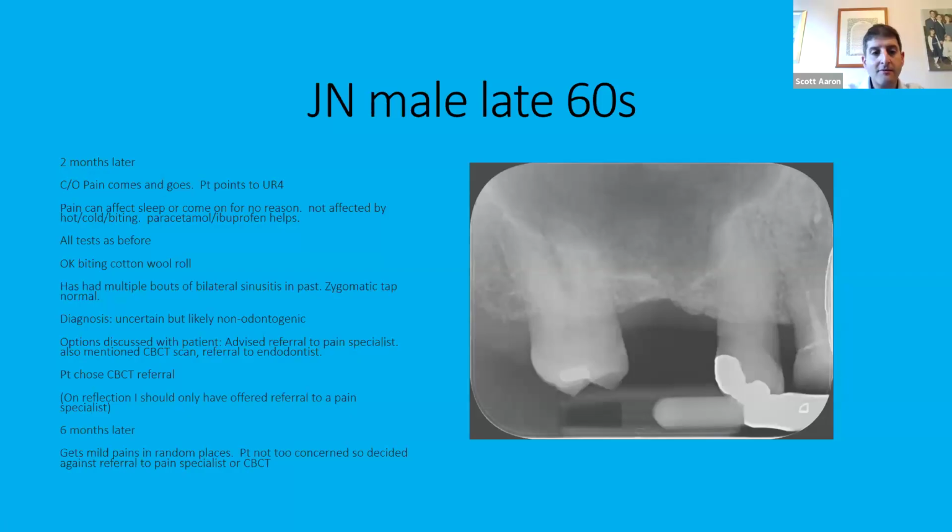He's not that bothered by it, so he decided he was never going to bother going for that CT scan that he chose to have done, and he's also decided not to bother with the referral to a pain specialist. What's causing his pain? I don't know. I want him to go to a pain specialist, but he's not concerned that the pain is bad enough. And we do come across this quite a lot where whatever it was has gone.